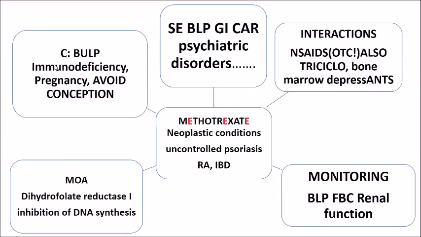For example, someone who has HIV or is elderly or has any condition where there's a deficient immune system, then it's risky to use methotrexate. Also, it's teratogenic, so it should not be used in pregnancy. And people who take methotrexate should avoid conception, and for 3 months after finishing methotrexate.